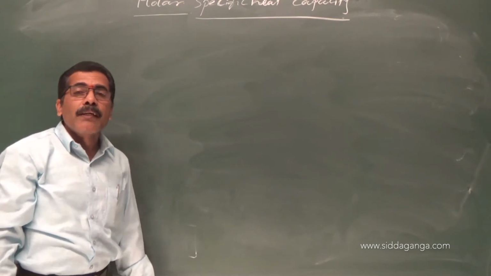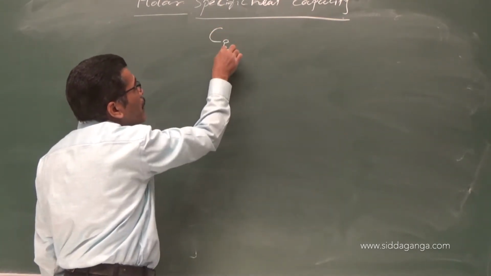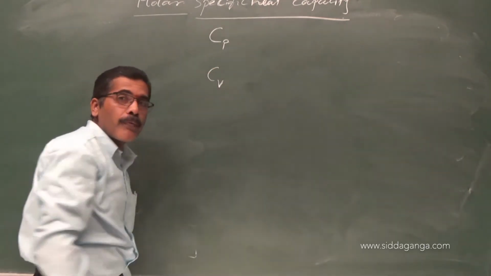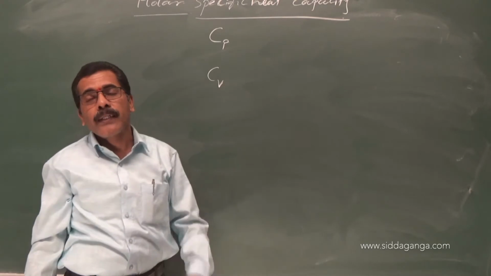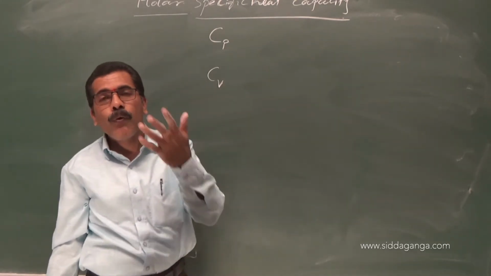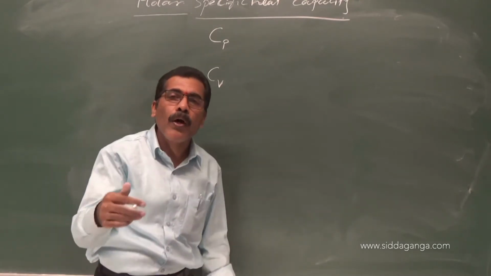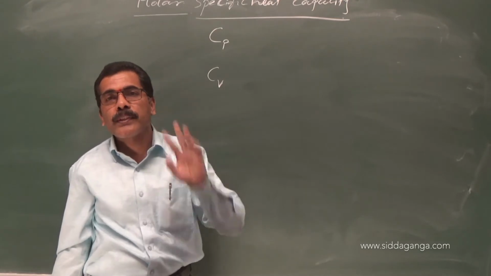Molar specific heat capacity is indicated by Cp and Cv. What is Cp? Cp may be defined as the amount of heat required to raise the temperature of 1 mole of gas through 1 Kelvin when pressure is kept constant.